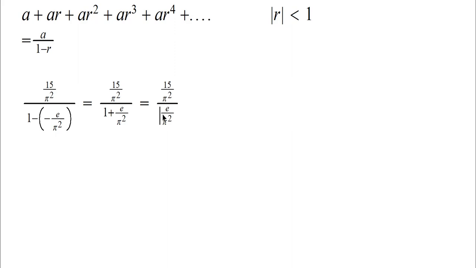I'm just going ahead and simplifying it, you didn't have to, the value is available right here. Now the pi squared will cancel in the denominator, and your answer would be 15 over pi squared plus e, as the limit that it converges to, or informally the sum of that series. All right.